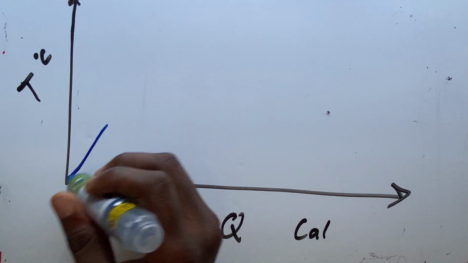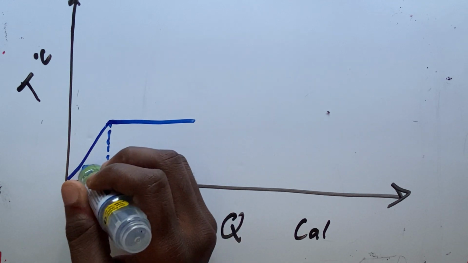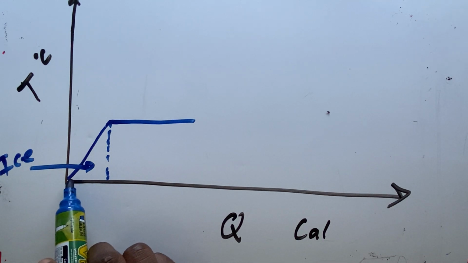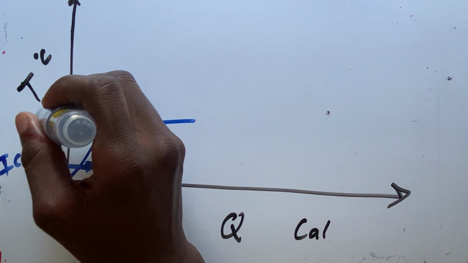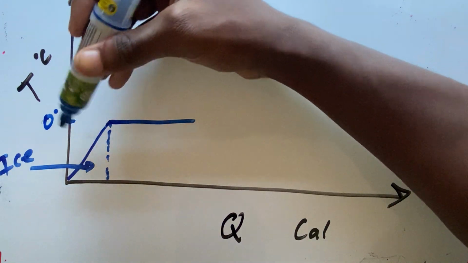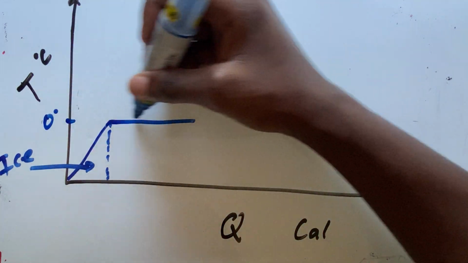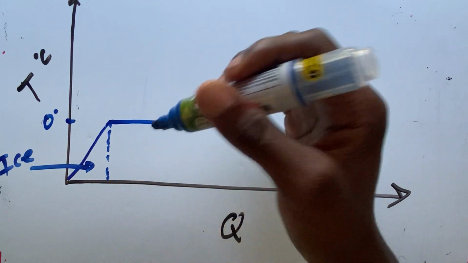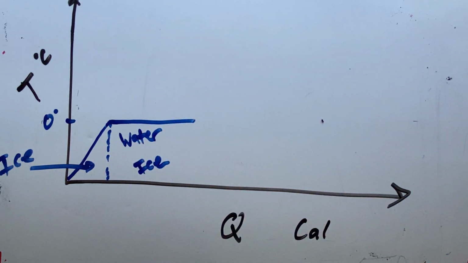So this region right here is ice, and you can think of this right here being 0 degrees Celsius, because once you're below 0 degrees Celsius, you basically have ice. And right at 0 degrees Celsius, we have this state of an ice-water mixture. So this is water and ice.